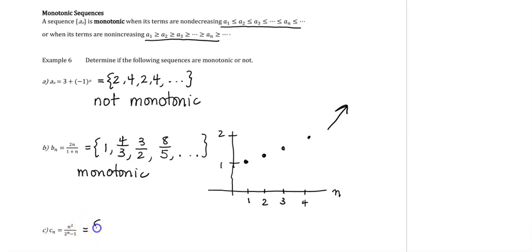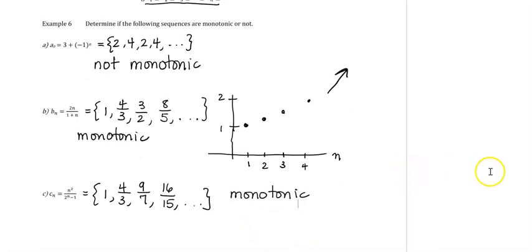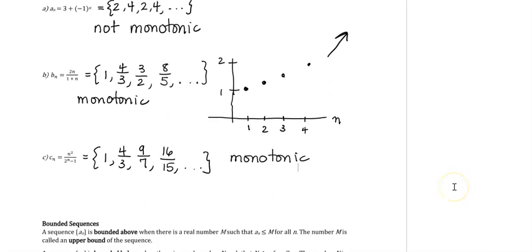Here in part C, if I look at the terms of this sequence, I get 1, 4/3, 9/7, 16/15. That is also a monotonic sequence. Those values are increasing. They're increasing slowly, but they are increasing.